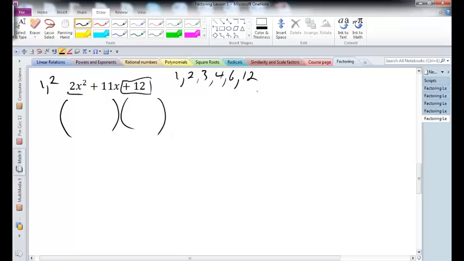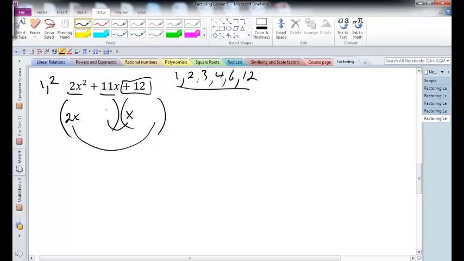And then we have to arrange them so that we can produce that central term. Let's start here, 2x and an x. And now which of these factors can I use, and how can I arrange them so that I'll get a product there and a product there that add up to 11?